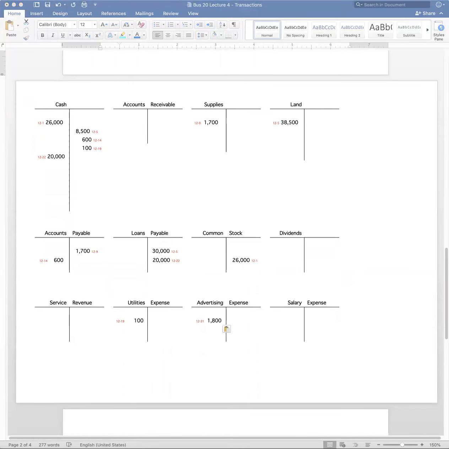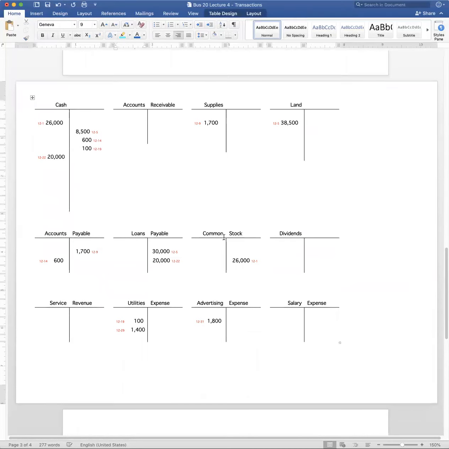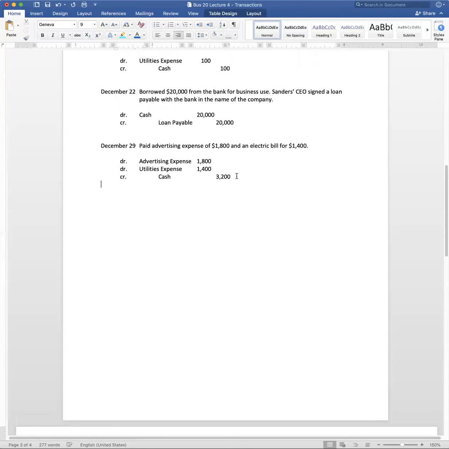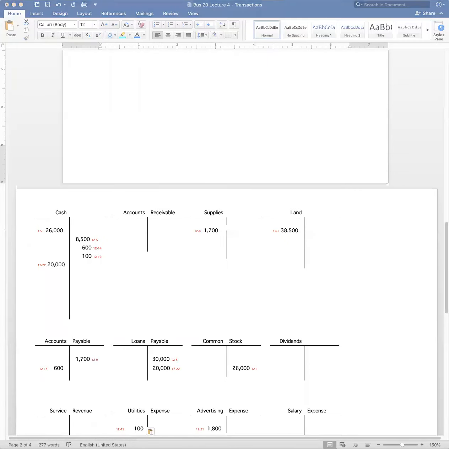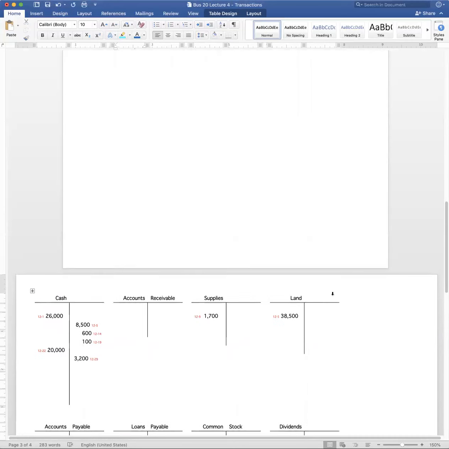So for utilities expense, we're going to put that one in. And then lastly, we have a credit to cash of $3,200. So here in cash, we're going to have a credit of $3,200.